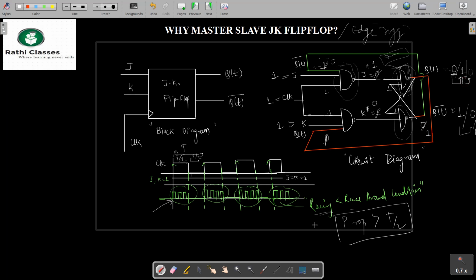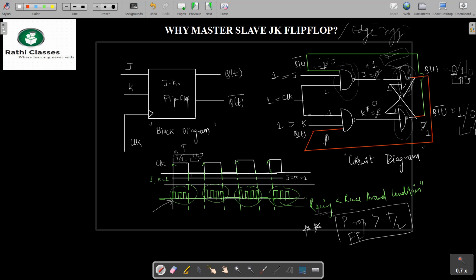That means one solution would be that the propagation time for the NAND gate is much greater than t by 2. Here, as you are using a flip-flop, you can say the propagation time required by the flip-flop is greater than half of the time cycle of the clock that you have provided.